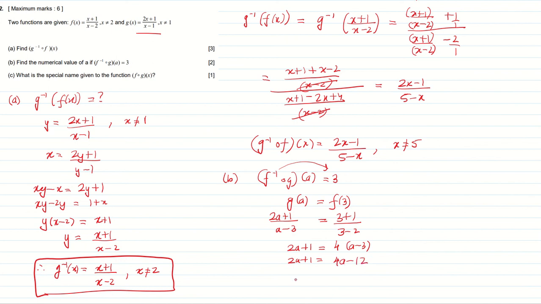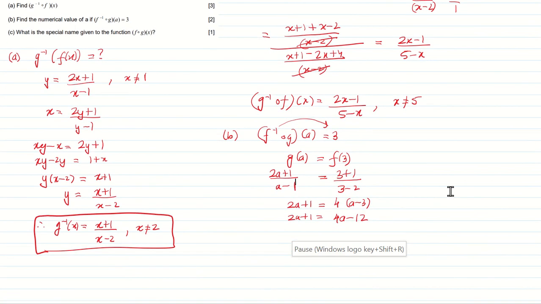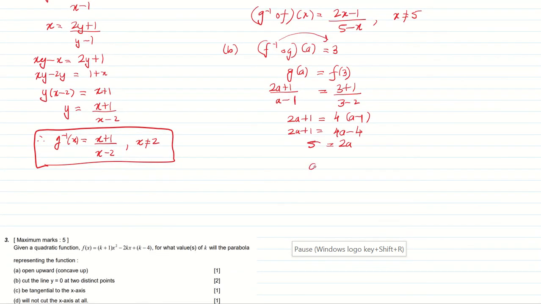So 4a minus, this is g(a) is a minus 1. I'm making a lot of mistakes. Okay. So yeah, so a minus 1. So this becomes minus 4. So 5 is equal to 2a. So a is equal to 5 upon 2, or a is equal to 2.5.